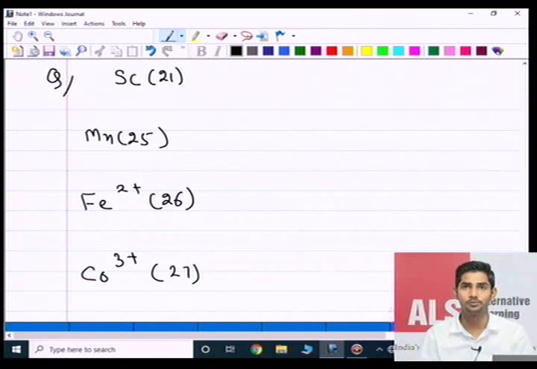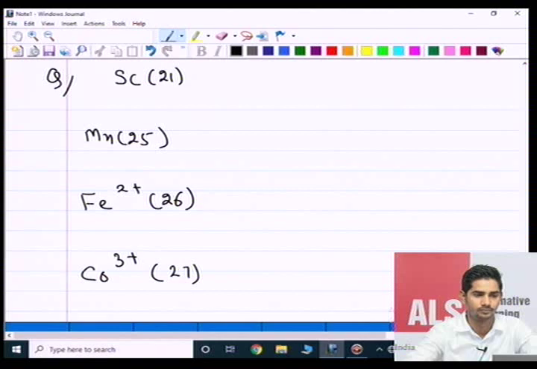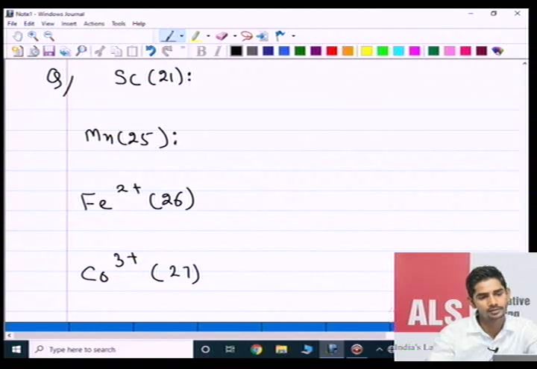You can follow that sequence 1s2, 2s2, and so on. Can we start, guys?